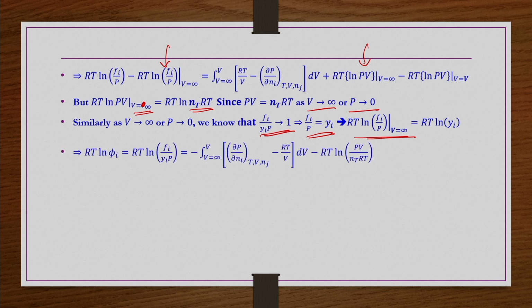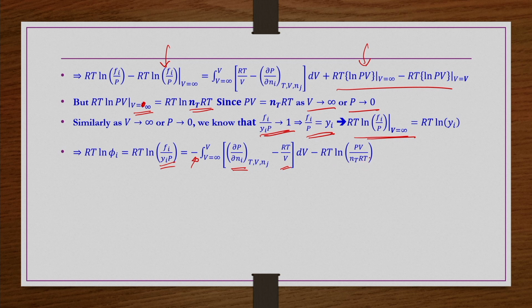Then what we have here, RT ln f_i by y_i P, we will get on the left hand side. So, that is RT ln phi, and on the right hand side I am just writing dou P by dou n_i as the first term minus RT by V as the second term. That is the reason this minus is coming here, and if you substitute n_T RT in these two terms, then we can write RT ln PV by n_T RT.